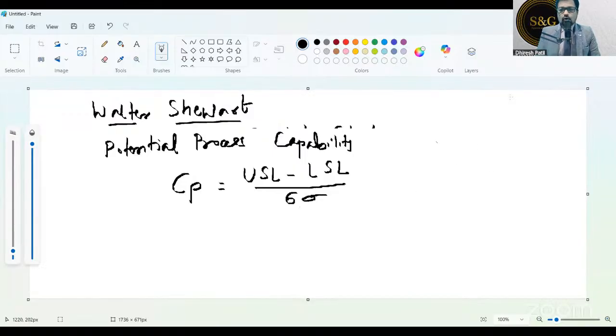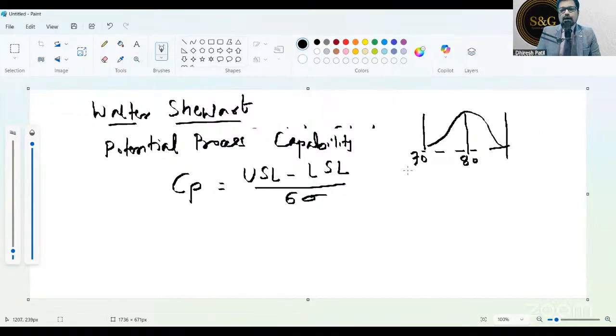For example, let's take the same example of the temperature of the cup. Let's say 70 degrees, this is the 80 degree target, and this is 90 degrees. Imagine the process is like this.